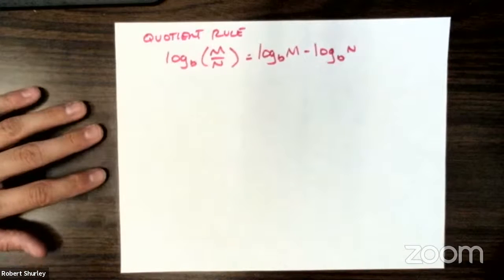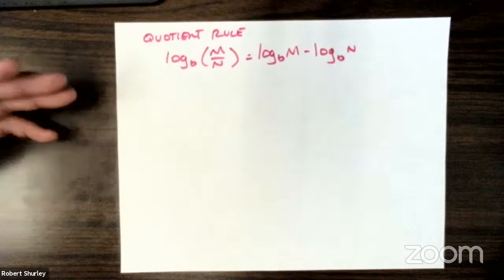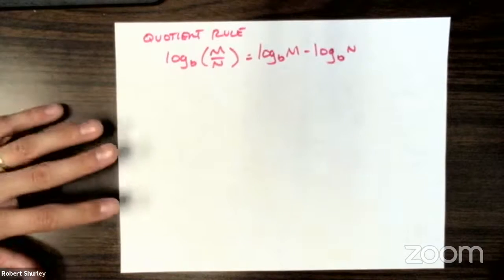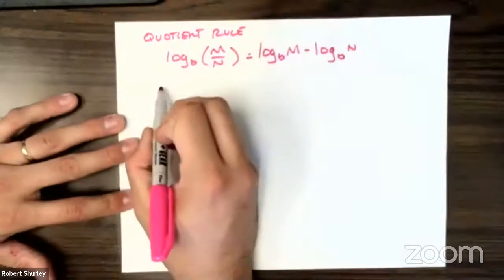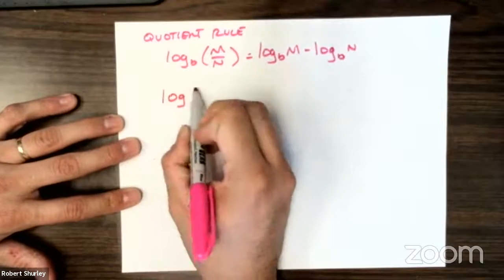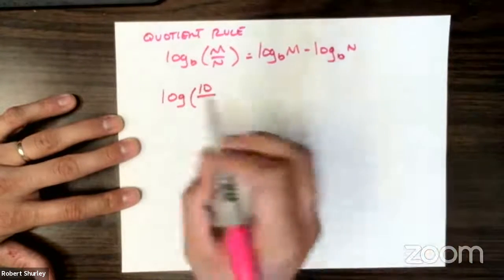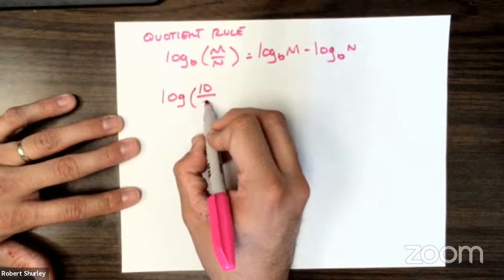Okay, so let's look at an example where we do the same thing. We're going to expand and simplify again, but we're going to use the quotient rule instead of the product rule. So let's say we had the log of 10 over z.